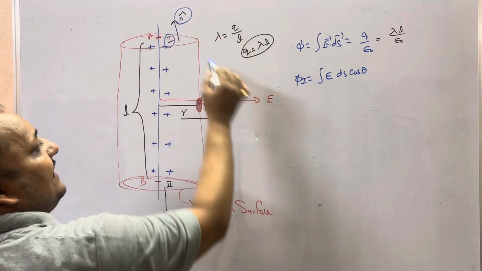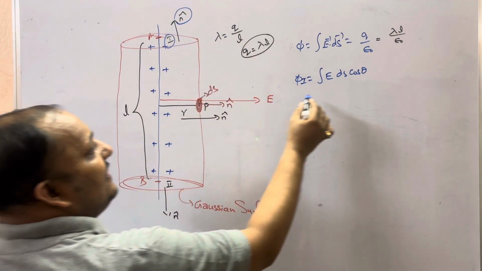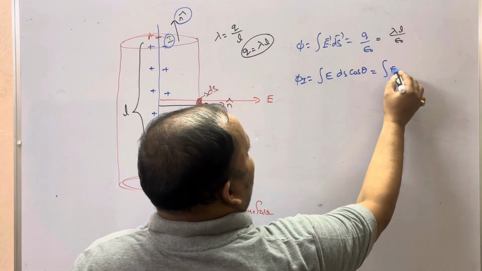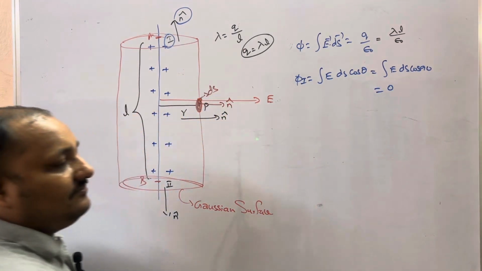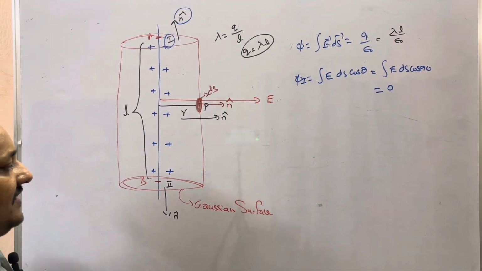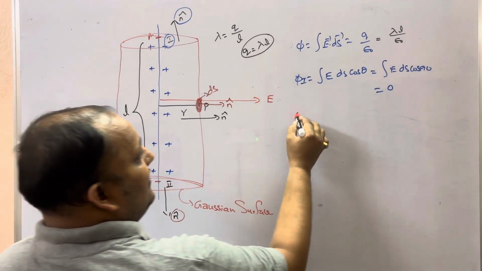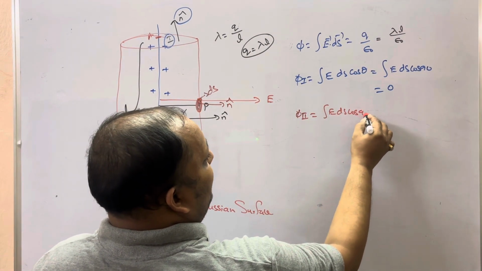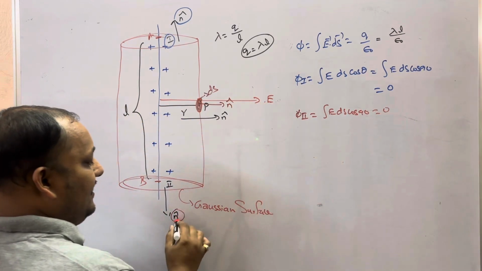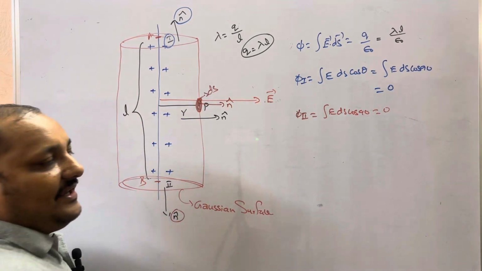The angle between n cap and E. What is the angle between n cap and E? 90 degrees. Therefore E ds cos 90 is going to be 0. The flux passing through the bottom surface, phi 2, is also E ds cos 90, the angle between E bar and n cap.